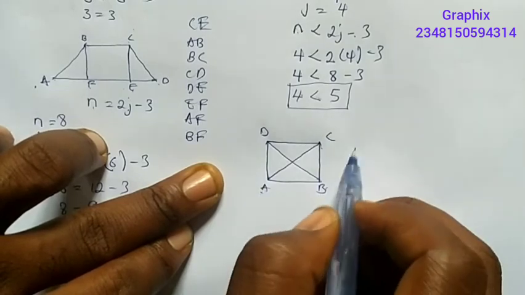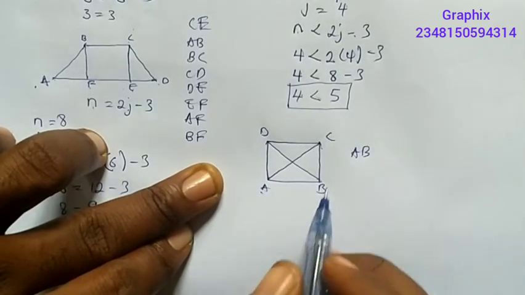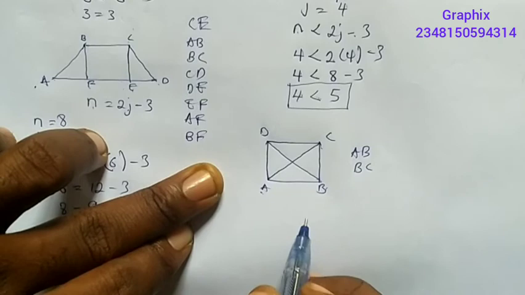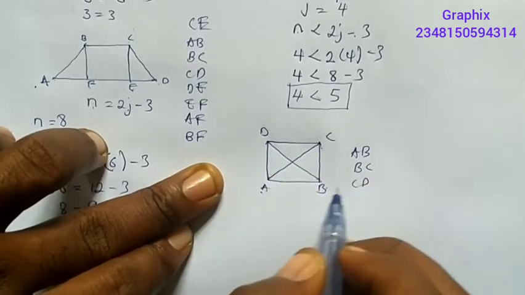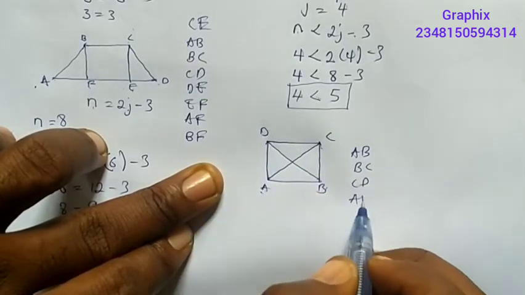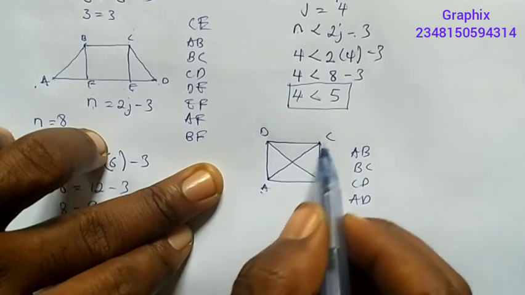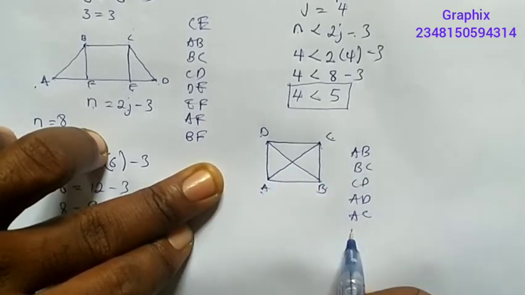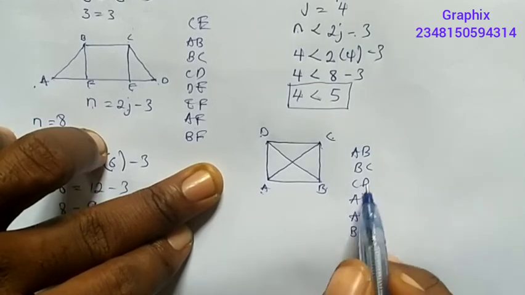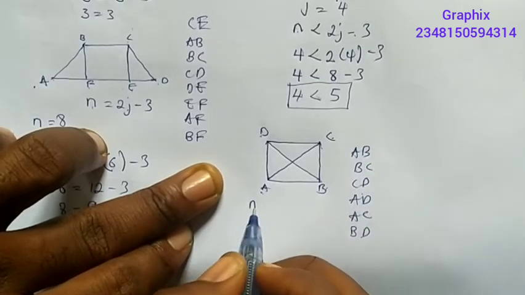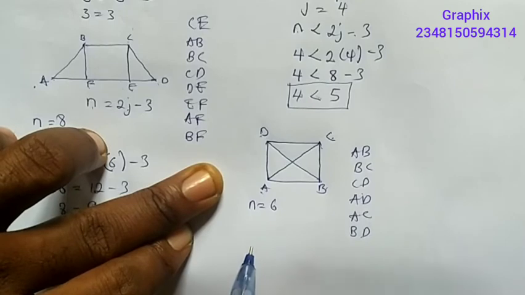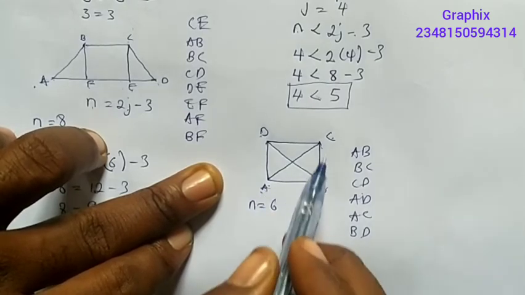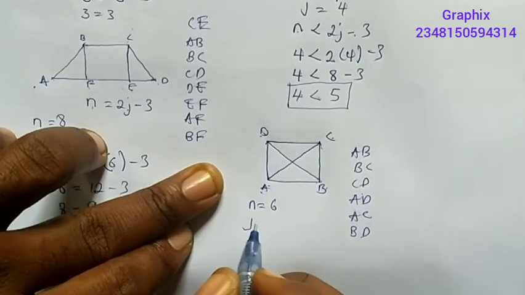AB is this member, BC is another member, CD is another member, AD is another member. Then AC is another member, then BD is another member. So we have 1, 2, 3, 4, 5, 6. So our n is equal to 6. How many joints do we have here? We have 1, 2, 3, 4. So our j is equal to 4.